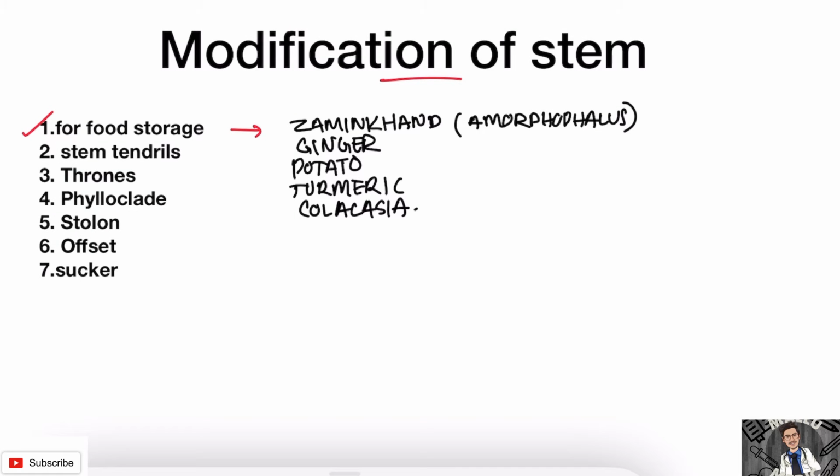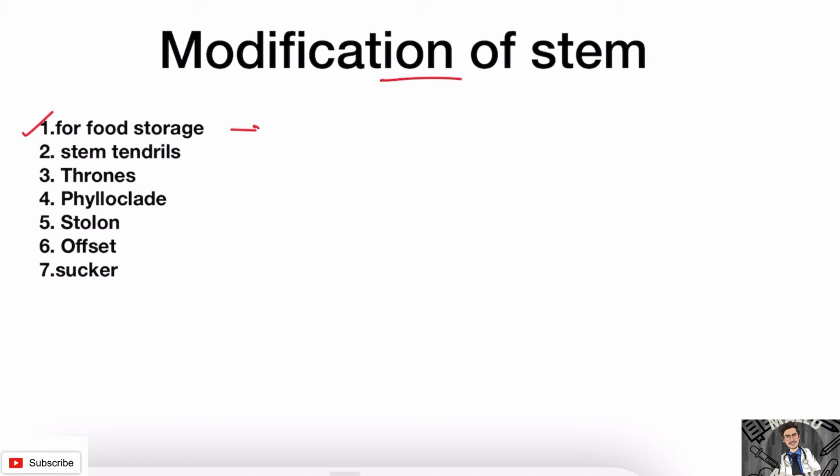Now, having learned the modification for food storage, let us learn how it helps as a stem tendril. I'm just erasing this off. Let's see the modification for stem tendril. Basically, in the stem, for example, this is a stem, the axillary bud develops.